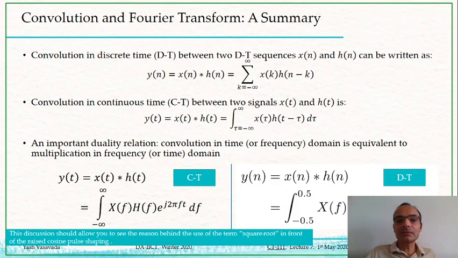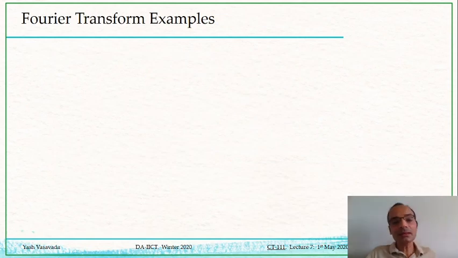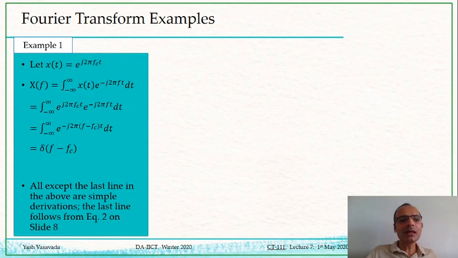Okay, so let us consider one very simple example of the Fourier transformation where we are letting the signal be just a complex exponential phasor rotating at a certain frequency that I'm calling f of c. This f of c is a terminology that is widely used.